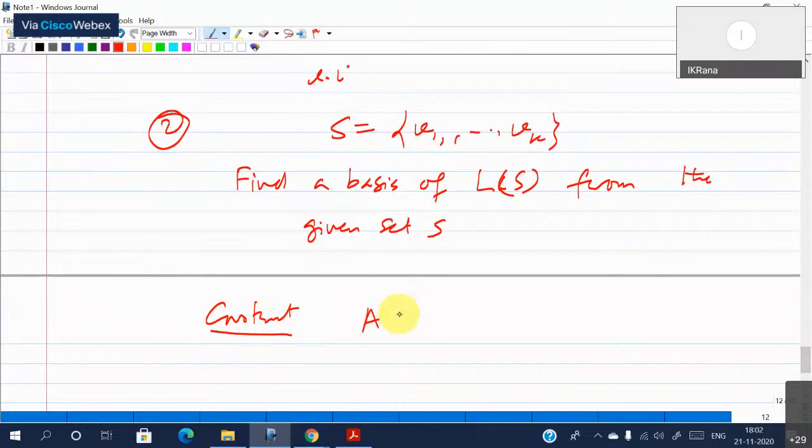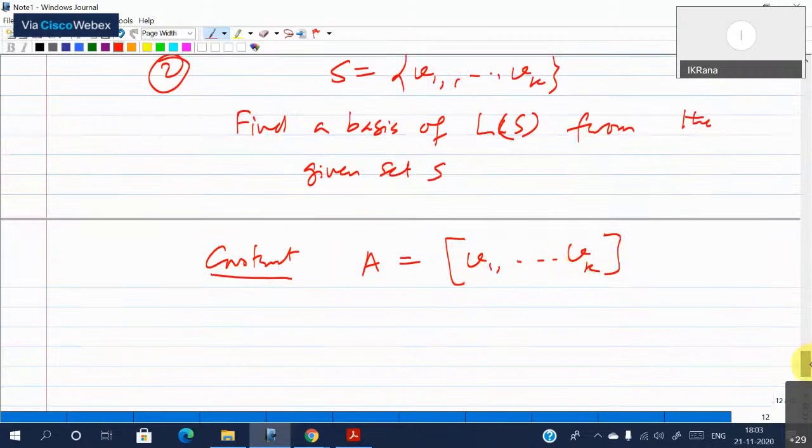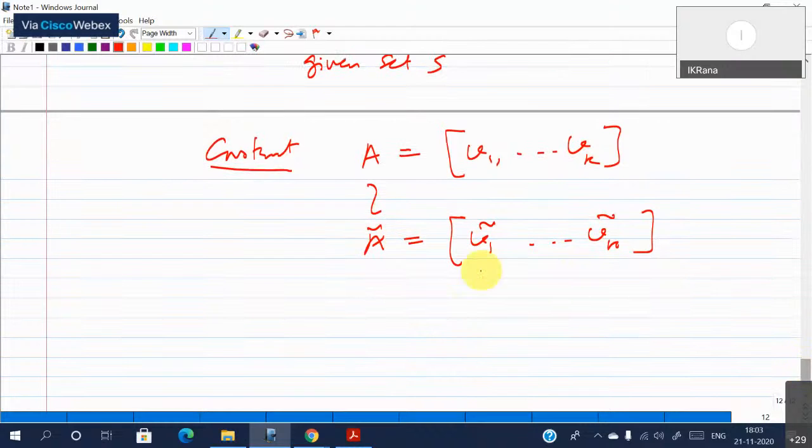a matrix A. Now these should be the columns. So V1, Vk as the columns of that matrix. Okay, reduce it to row equivalent form. That will give you V1 tilde and Vk tilde, right? And out of these, pick the pivots.